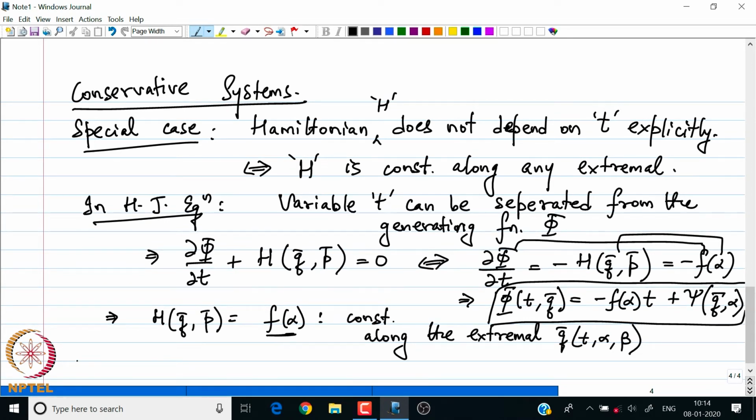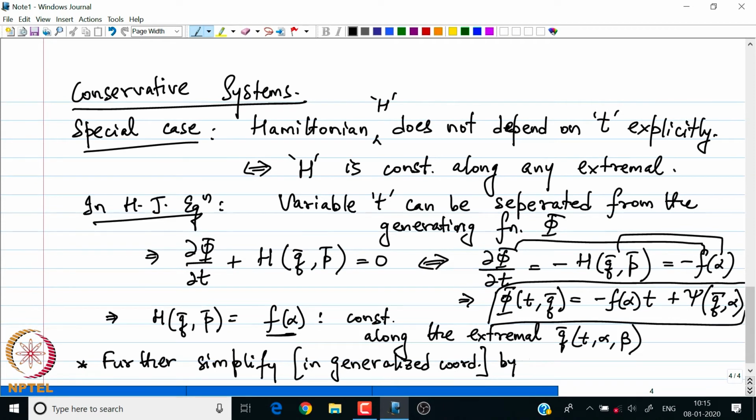So, what I said is the following: we can further simplify in generalized coordinates, the coordinates capital Q, by identifying one coordinate Q n to be equal to alpha n, which is f of alpha.